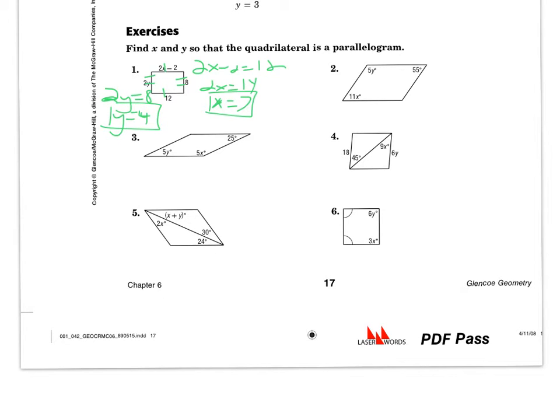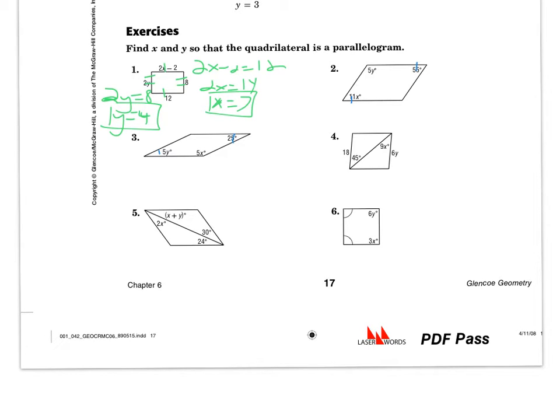Alright, in numbers 2 and 3, for both of these, we're working with the angles. So we already know that the opposite angles are congruent, so we can make those marks. Alright, we know these are congruent as well. Alright, but we know as well that the consecutive angles are supplementary, so we actually know the third angle. In order to find it, you subtract 55 from 180 in order to figure out what 5y is, and same way with the 25 to figure out what 5x is.